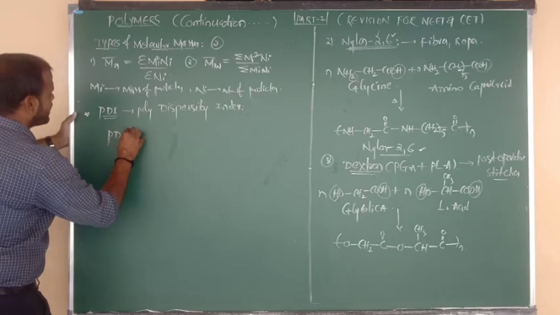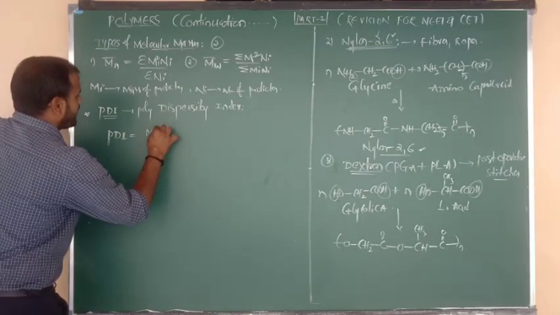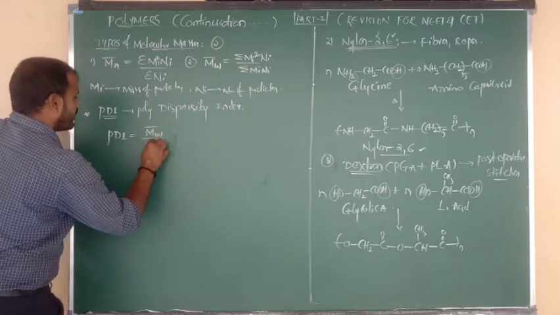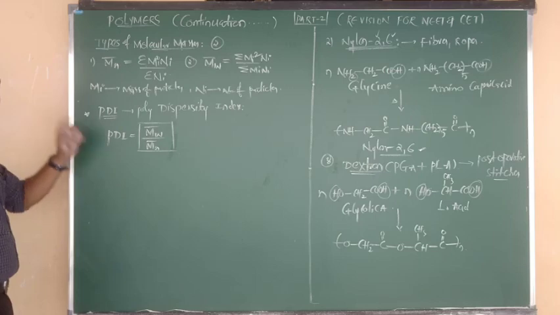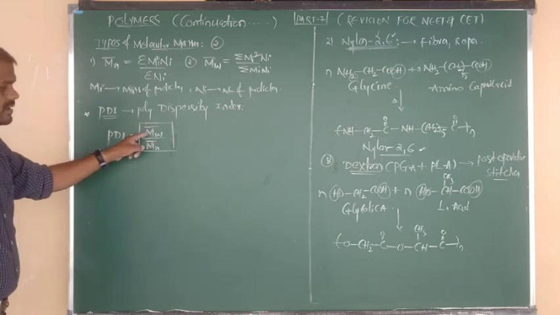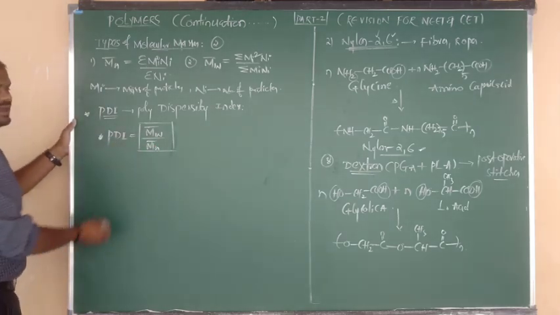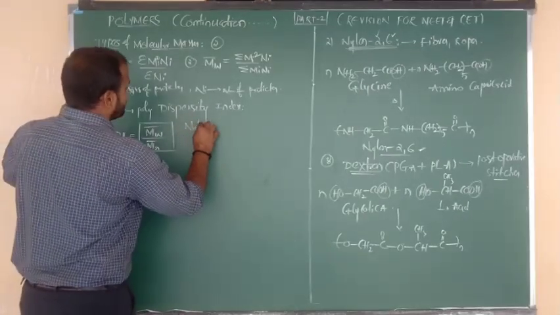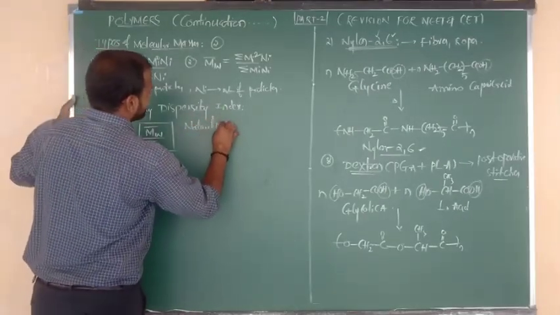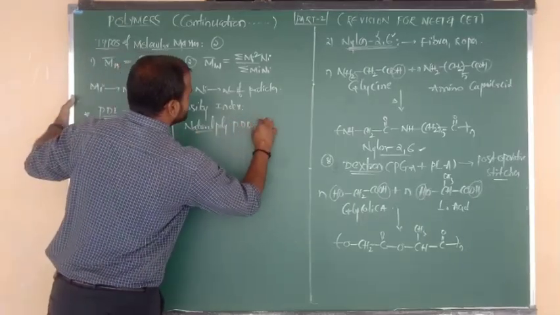PDI is Mw bar by Mn bar, the ratio of the weight average molecular mass to the number average molecular mass. And remember the PDI value: for all natural polymers, PDI equals 1.